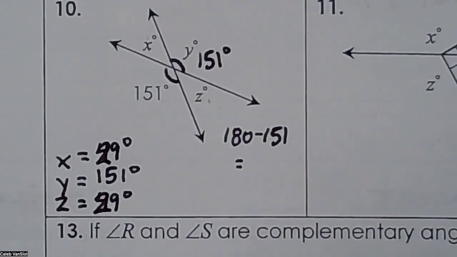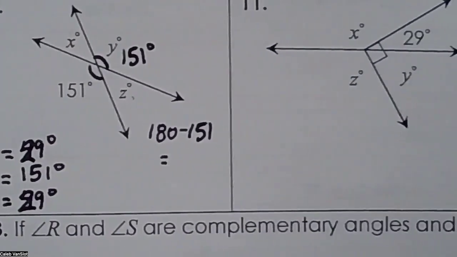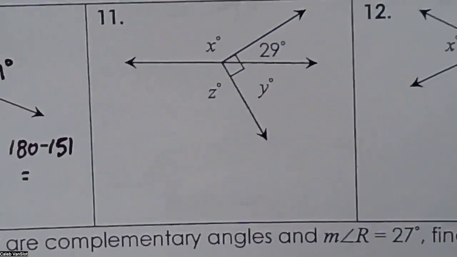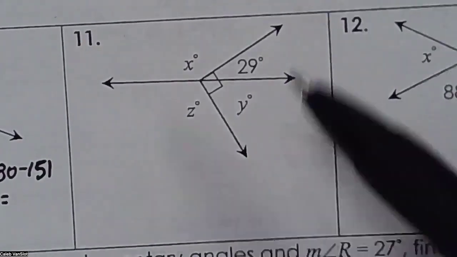Yeah, is it actually 29? Okay. So you guys moving forward, please double check with the calculator because I'm just taking your word for it right now. I know I should be double checking as well, but let's move on.